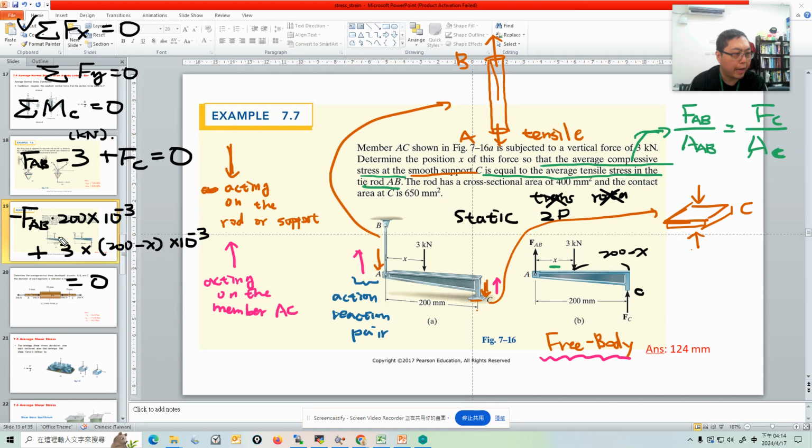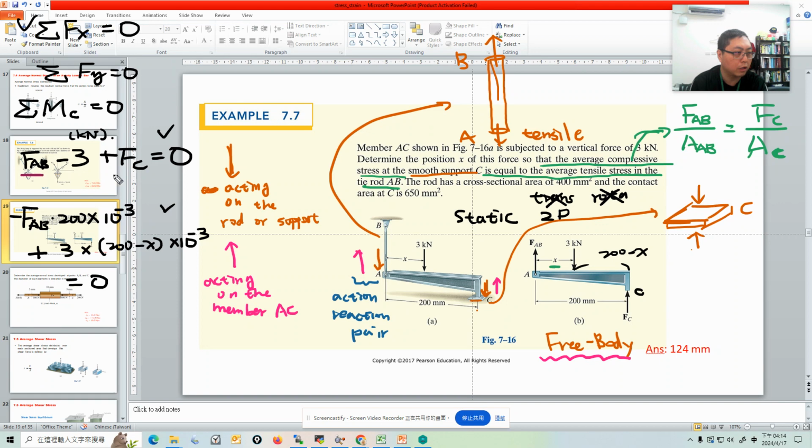So can we solve this problem? We got this equation with unknowns FAB and FC, and this is another equation. FAB is unknown, but we have another unknown x. That's a huge problem.